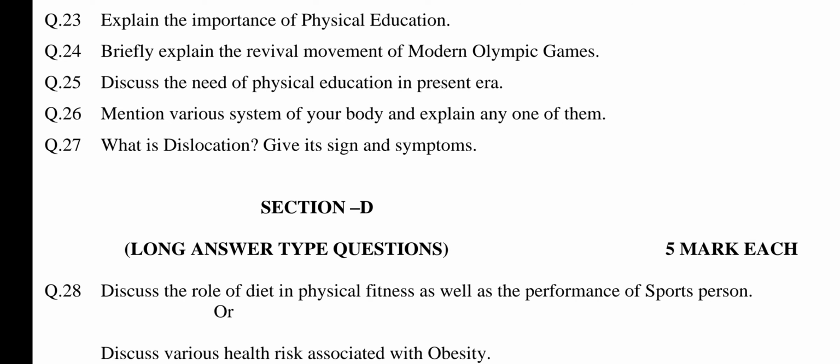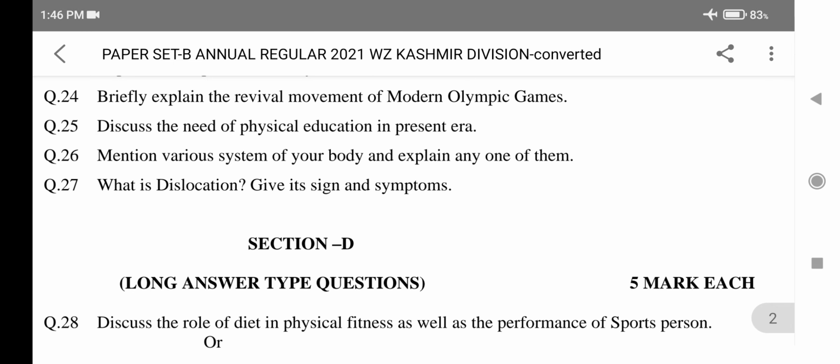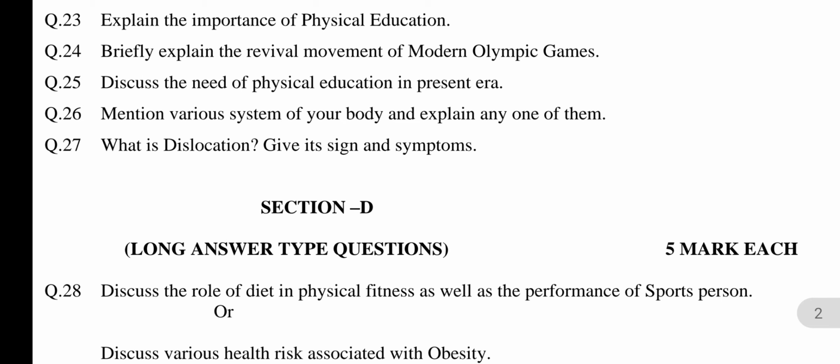Number 1, physical growth and development. 2, intellectual development. 3, emotional development. 4, social development. 5, mental development. 6, cultural development. 7, neuromuscular development. 8, national integration. 9, mental relaxation. 10, international understanding. Explain all these points in 2 to 3 lines.